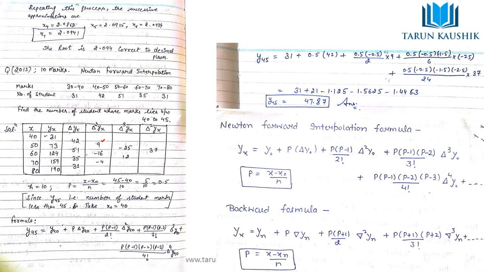Plus 9. 25, minus 25 and 37. This is the 31, 45, 9, minus 25 and 37. Here this 2 factorial, this is the 3 factorial 6, 4 factorial 24. And again this P remains the same, 0.5, 0.5 minus 1, 0.5 minus 2, 0.5 minus 3. Just do the calculation, you will be getting your answer. Okay, isn't it a very simple question?